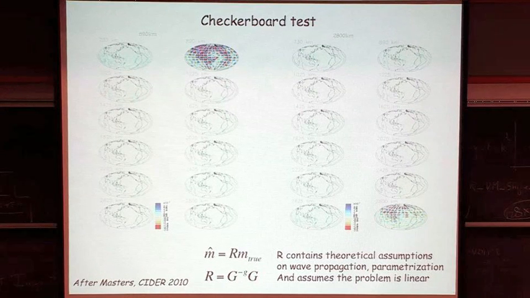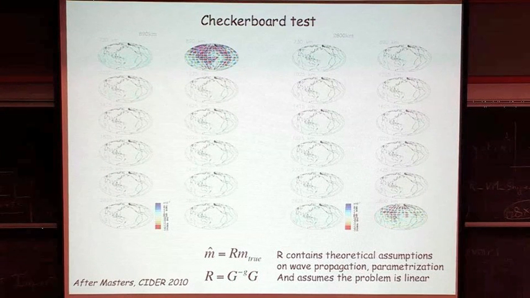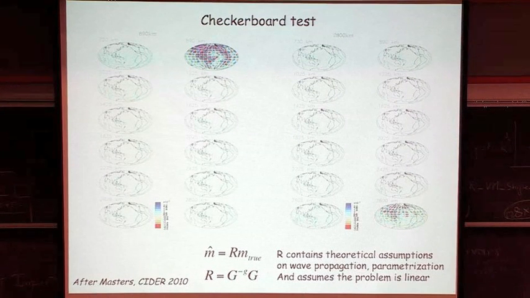So the theoretical assumptions on wave propagation are in there, and most importantly, it assumes that the problem is linear. You cannot define this resolution matrix in any rigorous fashion if it is a nonlinear problem, because you already have the assumption of your reference model, your starting model, in there. So that's why these tests are quite limited.